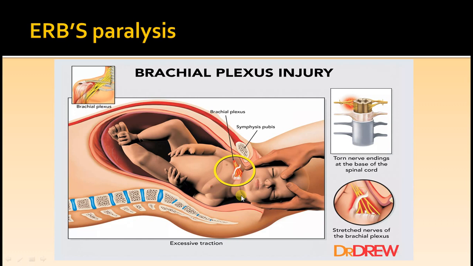During parturition, if you try to separate the neck from the shoulder while bringing out the baby, then there might be stretching of these nerves, and in most severe cases it might go to nerve avulsion. That means the nerve completely separating out. That is in case of the babies.